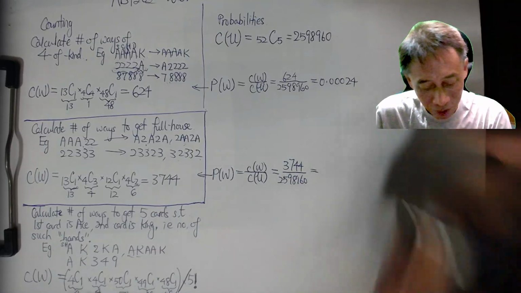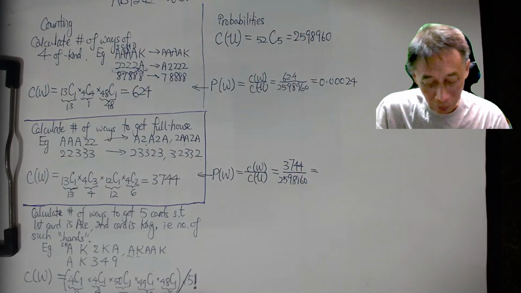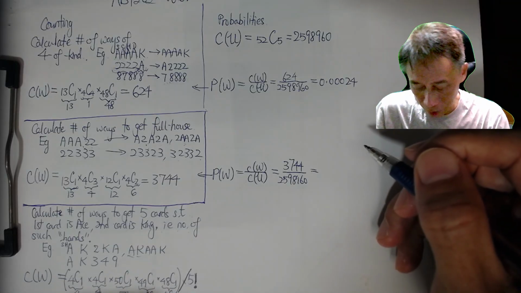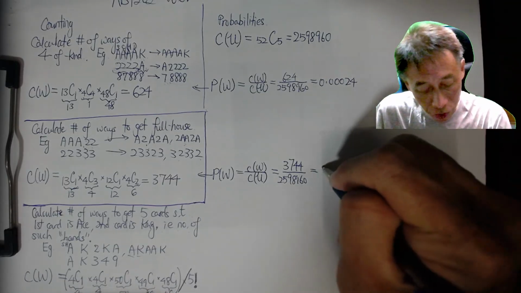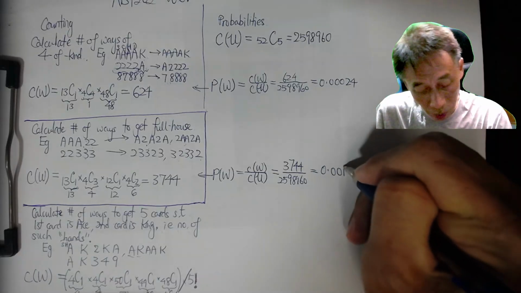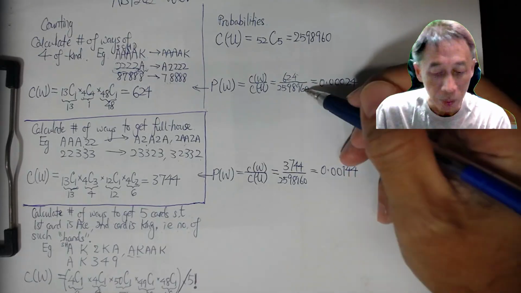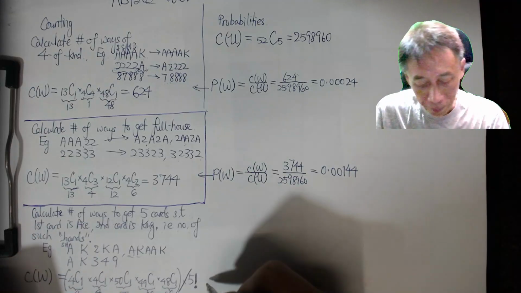So 3744 divided by 2,598,960. You get, also small, but of course noticeably larger, 0.00144. Now, the easiest way is to look at the numerator, because the denominator doesn't change.